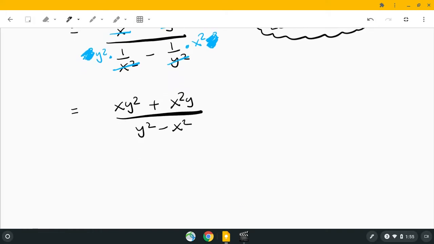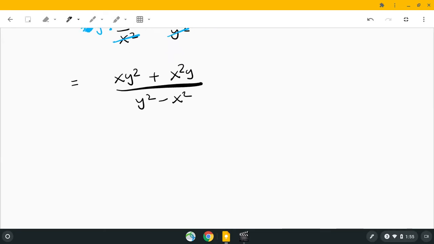Okay, and oftentimes we're done once we get to this answer here, but I notice that these are difference of squares. So I'm going to go ahead and factor to see if I can cancel. So I'm checking to see if I can simplify my answer. Maybe I can, and maybe I cannot. So up above, that's common factoring.